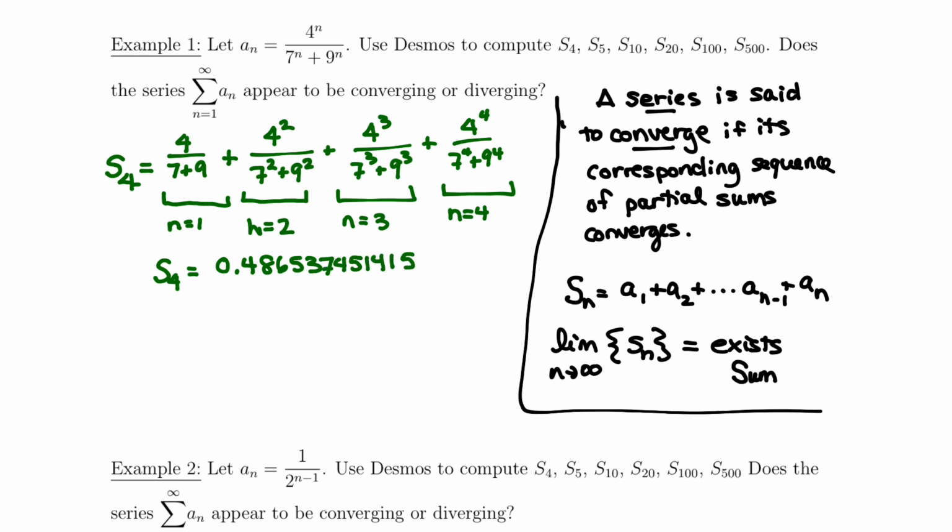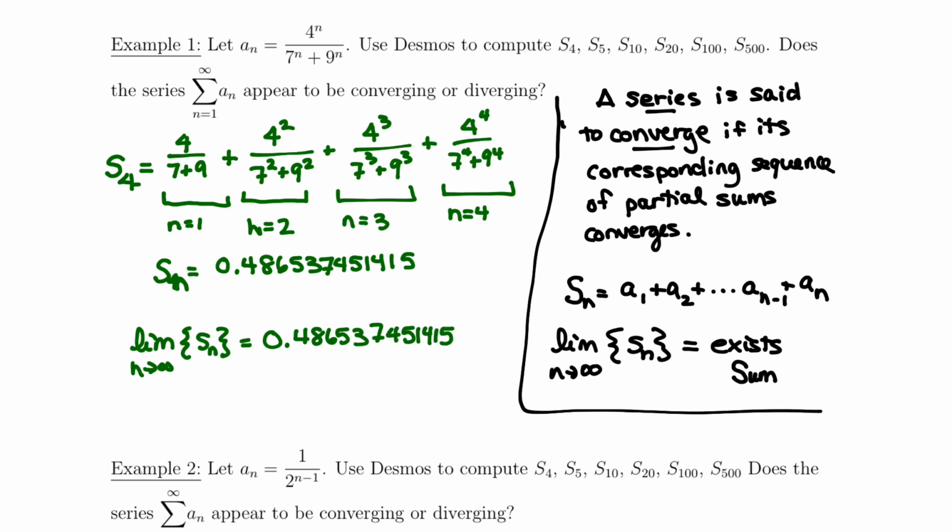But we would say that the sum of this series is 0.4865374514515. And let me go back to what we were looking at. So if we looked at S sub n, and if we looked at the limit as n goes to infinity of those numbers, we got the same thing, because this started a pattern repeating.